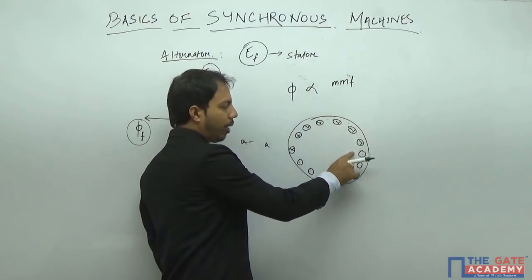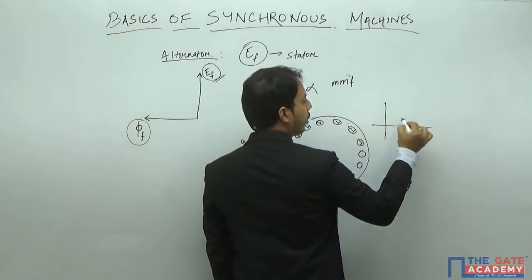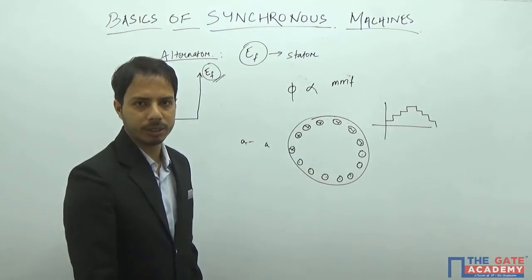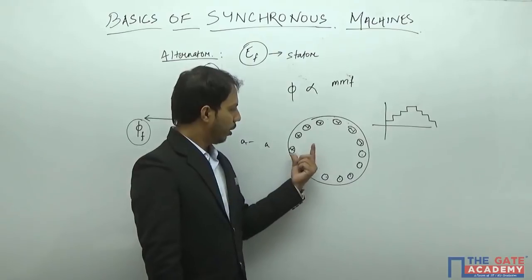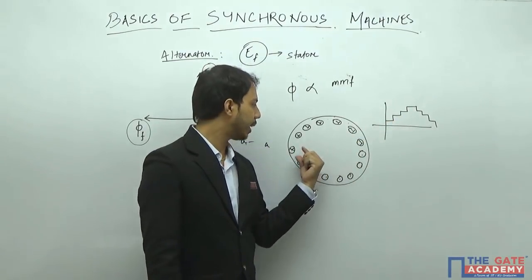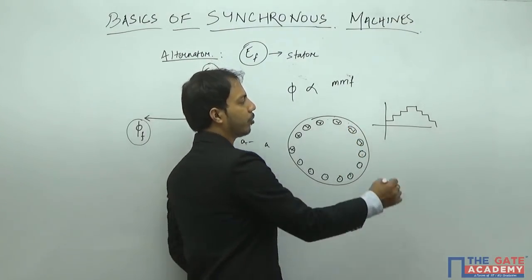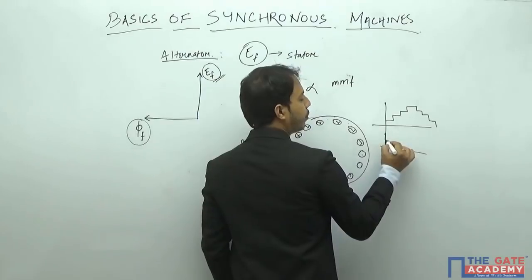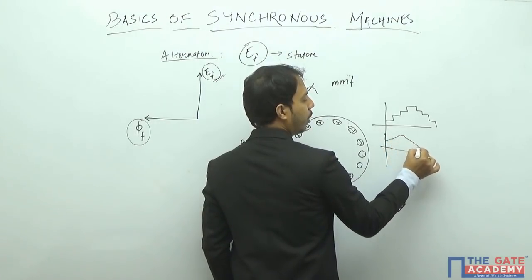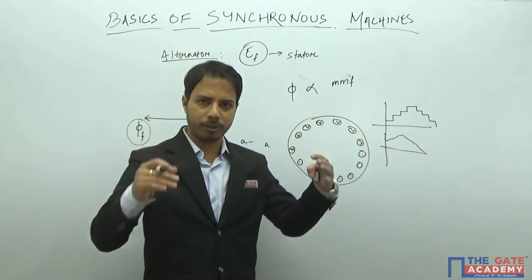Then we will have the MMF in step size. Further, we can improve this step size by increasing the number of slots. If we further increase the number of slots, my step size will improve and it will become a little bit more triangular.